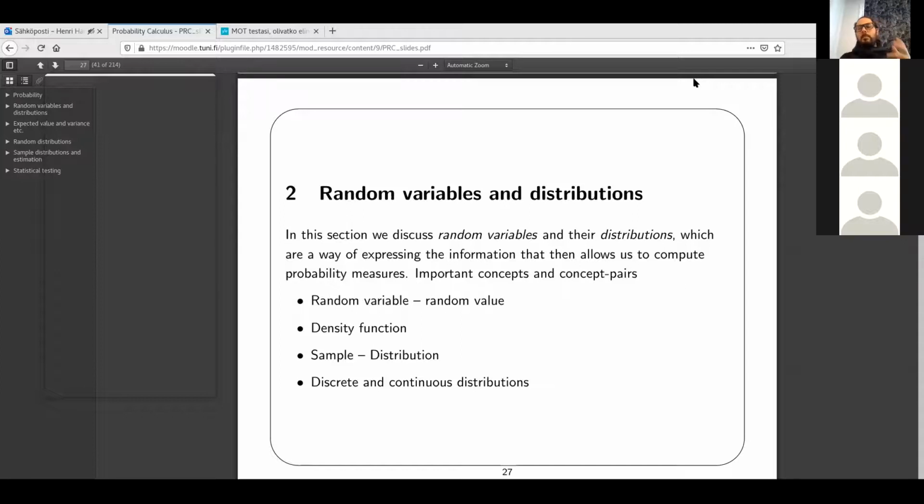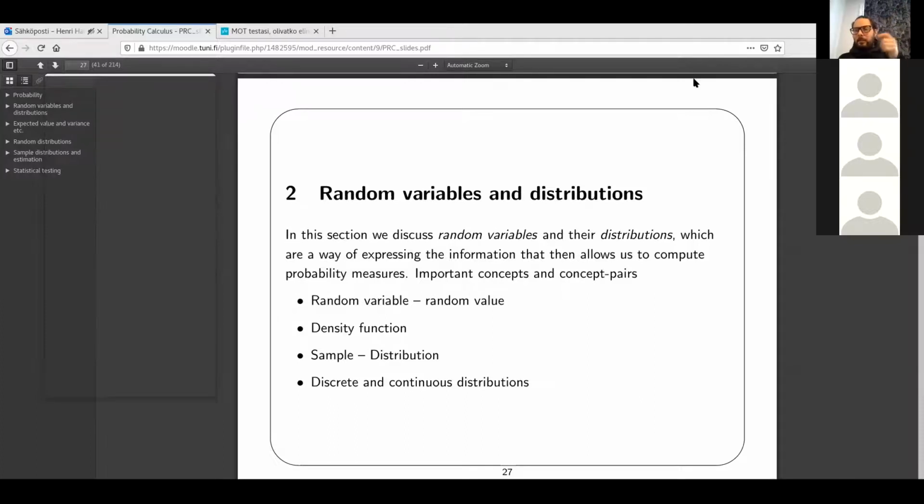There's a distinction between random variable and random value. The random variable is the model of what's going to come out of your random experiment, whereas the random value is the outcome of the experiment. You roll the die.